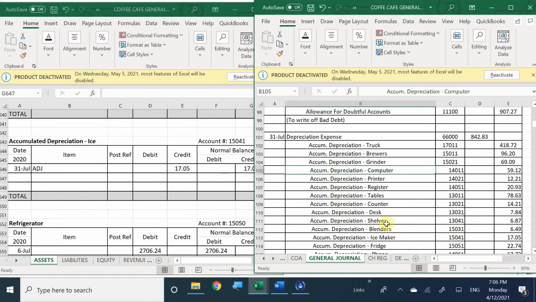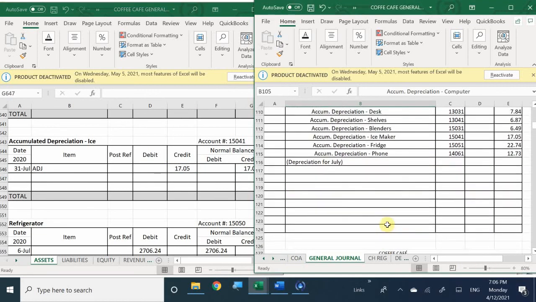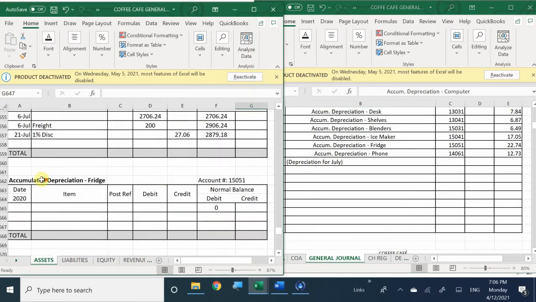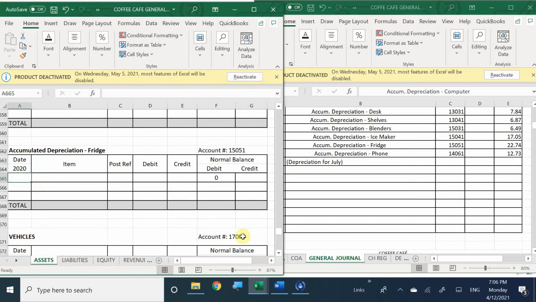Then we have our accumulated depreciation for the fridge. Here we are, $7.31. Adjustment. For the total amount of $22.74.